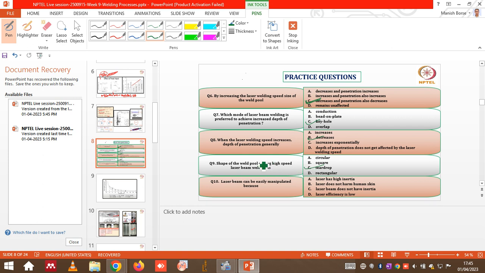And also the laser beam can be easily manipulated. As we have seen, in conventional arc welding processes there are different power sources, and each power source has different components, like diode, transformer, rectifier.